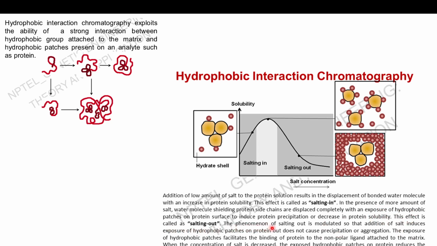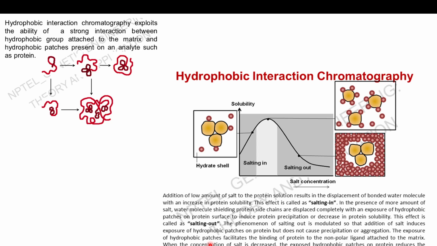Okay. Now, the phenomenon of salting out can be optimized or regulated so that addition of salt induces exposure of hydrophobic patches on the protein, but does not cause precipitation or aggregation. Exposure of hydrophobic patches on the proteins can facilitate the binding of the protein to some non-polar ligand which is attached to the matrix.